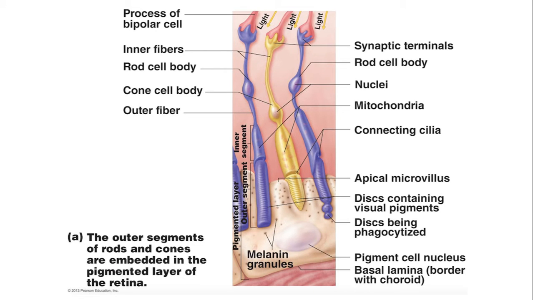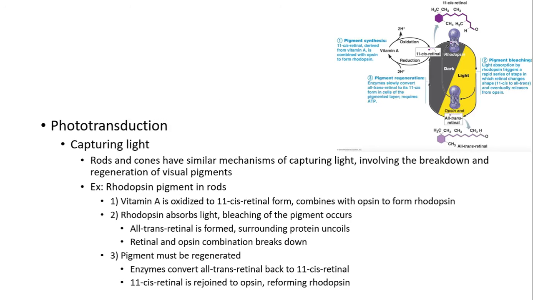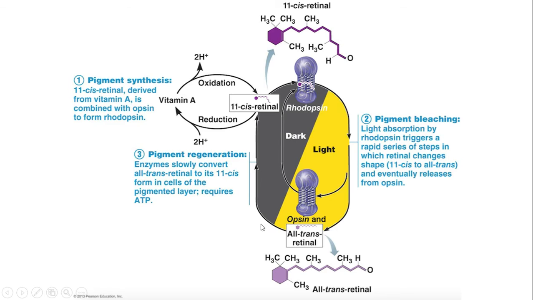Each pigment cell has its own enzymes, and these pigment cells slowly convert this all-trans retinol back to the isomer of 11-cis retinol, in the pigment cells in the pigmented layer.